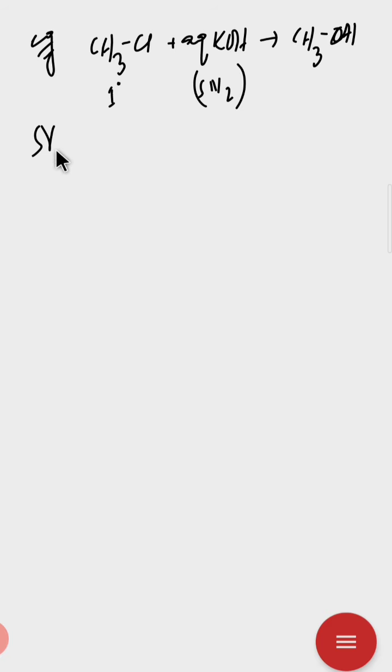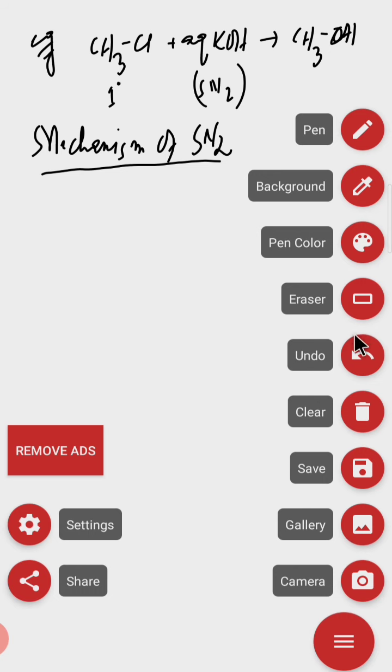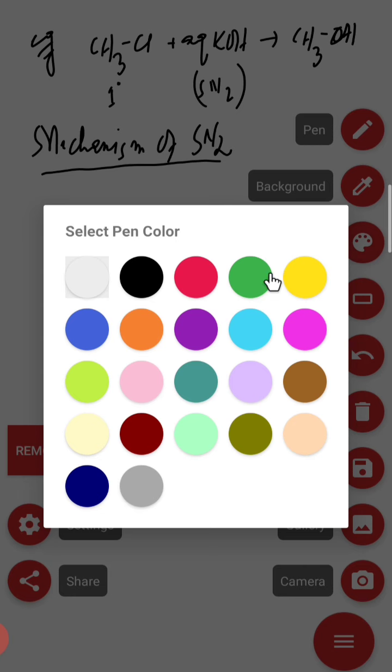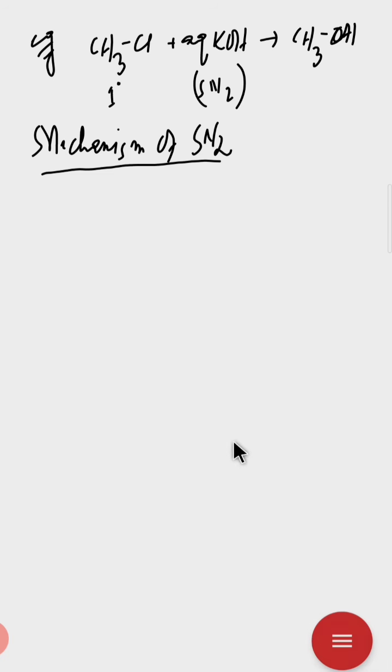And in the mechanism of SN2, the nucleophile will attack a less steric carbon from the backside, because this is our chlorine, and to this carbon 3 hydrogen atoms are attached.